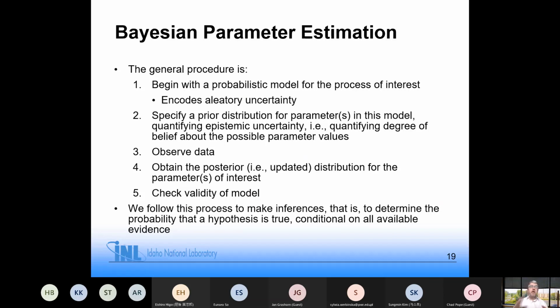So it's important to understand the real world. What is the process that's driving the outcome of interest? You also have to have the second thing, a prior distribution for the parameters in that aleatory model. I need to describe what I know about the parameters in that model representing the process. And then the third thing I need is data related to the process.